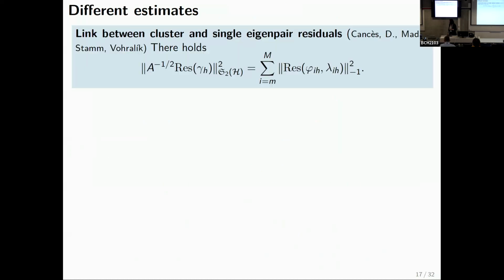Okay. And an important practical thing is that we don't want to code anything that involves the orthogonal projectors in total, because they are too big objects. And so in practice, we want to work with the eigenfunctions themselves. And the good news is that this norm that we use to control the residual can be explicitly expressed as a sum of squares of dual norms of the individual residuals.